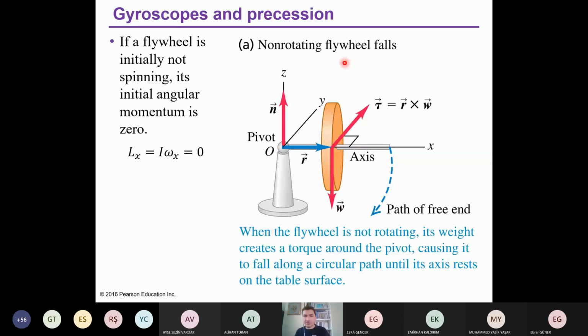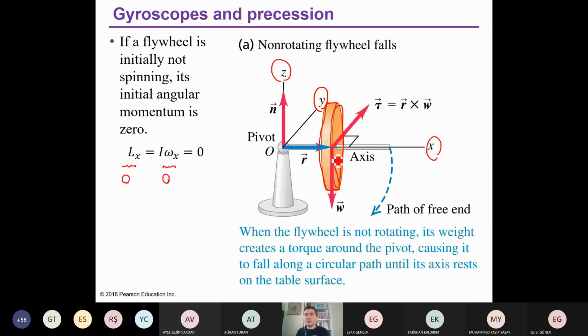Let me show with the pen. At the beginning, omega x is 0. So for this flywheel, shown in orange, the angular momentum is 0 because it is not rotating.